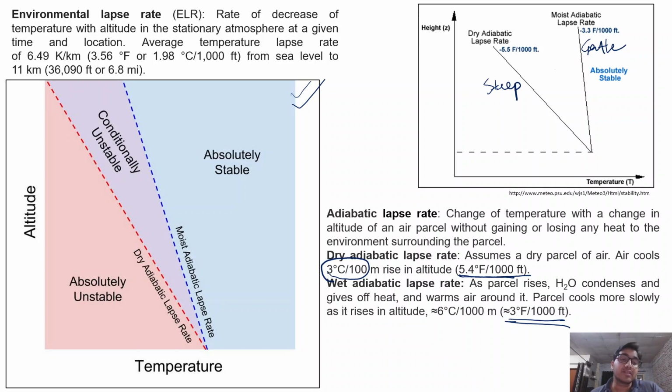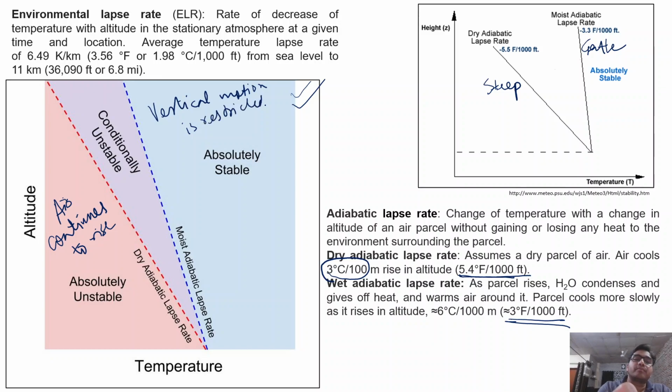Means here in the absolutely unstable atmosphere, the rising air is cooling more slowly than the environmental lapse rate. So here the air continues to rise, while in this case vertical motion is restricted.